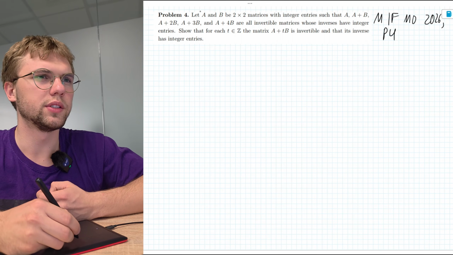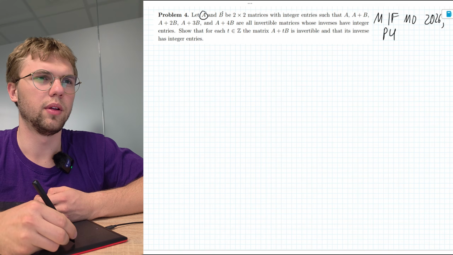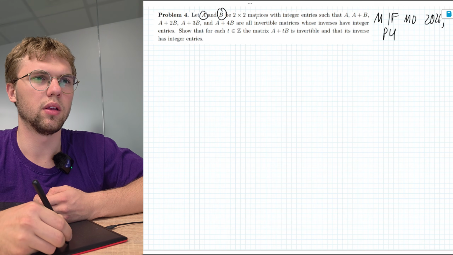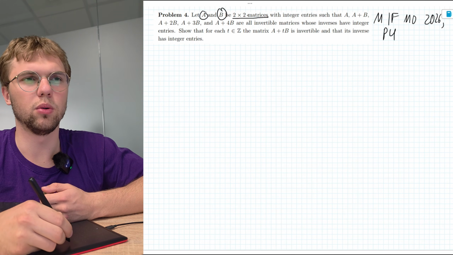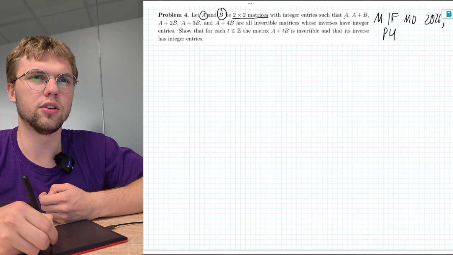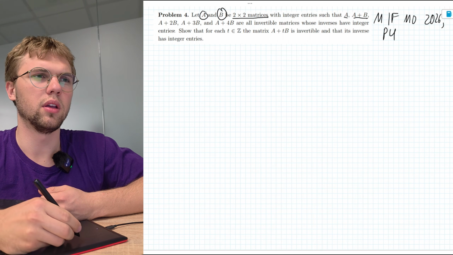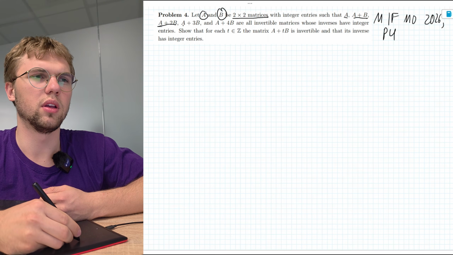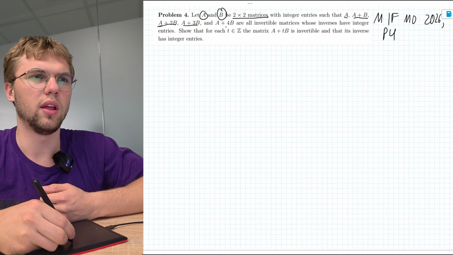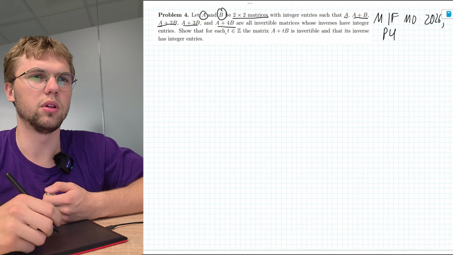Okay, so let's read through the statement. We are given two matrices, A and B, 2 by 2 matrices to be exact, and they have integer entries. And in addition, A plus B, A plus 2B, A plus 3B, A plus 4B are all invertible matrices.